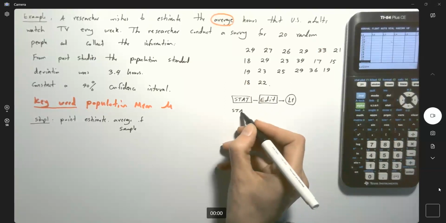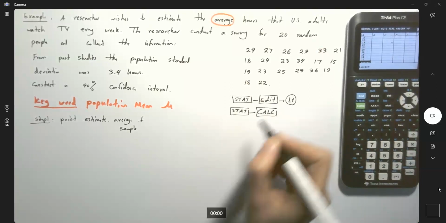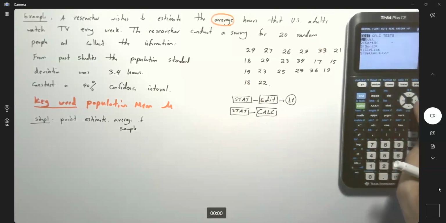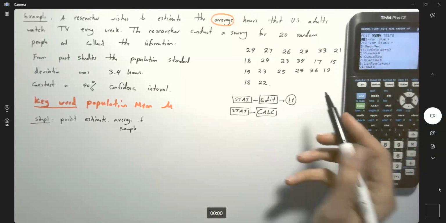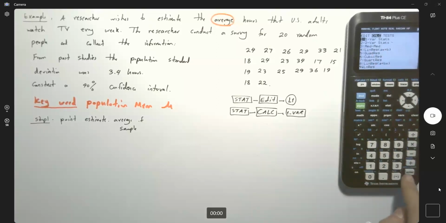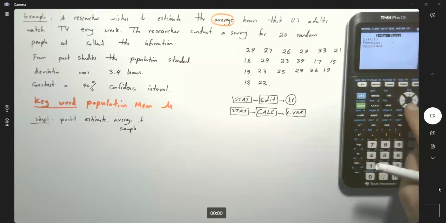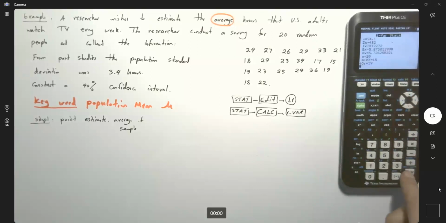Now I'm going to go to Stat, Calc. Okay, Stat, and then Calc, one variable, statistics. Make sure everything is written in L1 and you're selecting L1. Leave the frequency list alone and go to calculate.